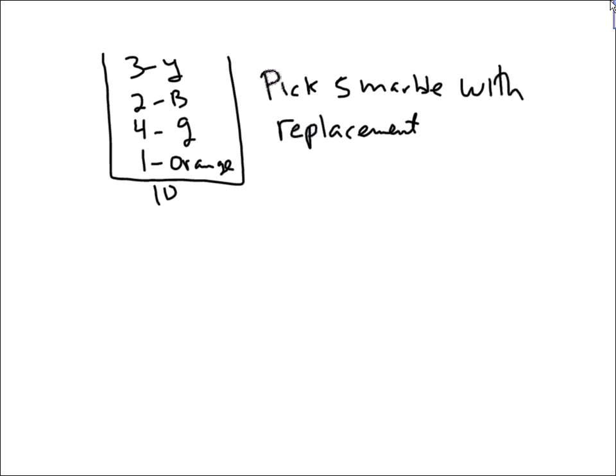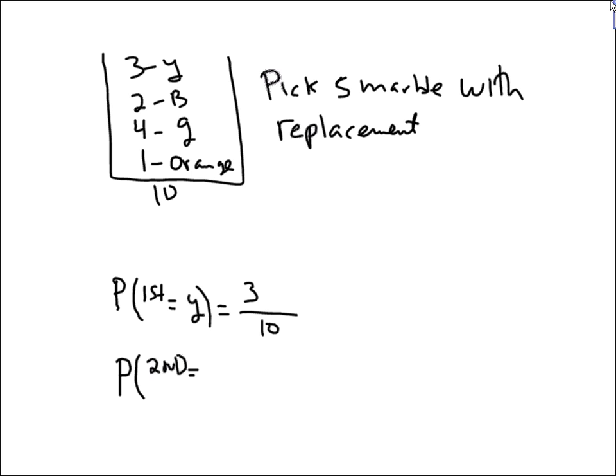Again, if you do it without replacement, the probability that the first, say, is yellow. Well, there's 10 marbles, 3 of them are yellow. Now, for the second one, if you don't replace it, for the second to be yellow, well, it's conditional. First of all, there's only 9 marbles left. I mean, to equal 3/10, what would go on top? What divided by 9 is equal to 3/10?